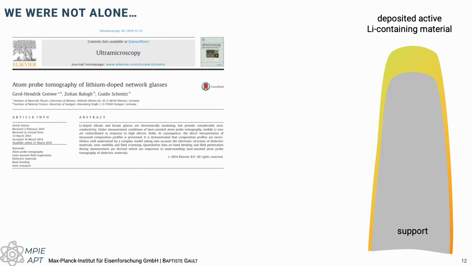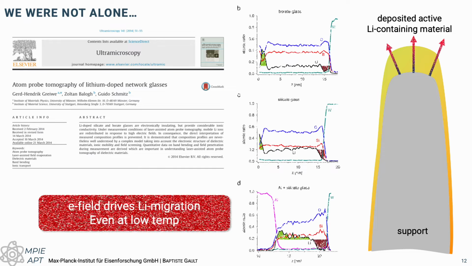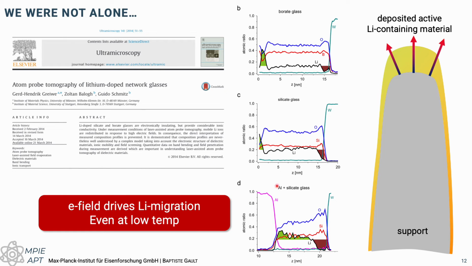A few years later, there was this report by Guido Schmitz's group in Stuttgart of tungsten needles on which a thin layer of lithium-containing glass had been deposited. And they were reporting that the field that was generated, in this case at the end of the tungsten needle, that was traveling through the layer of glass, could induce the migration of lithium.